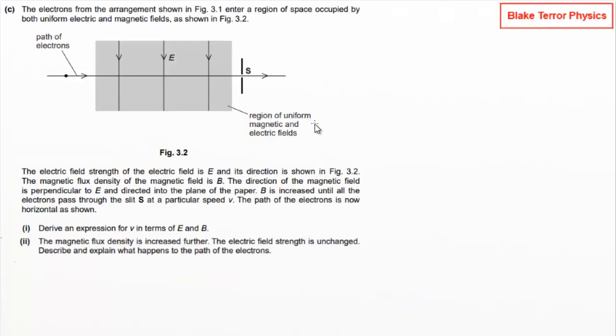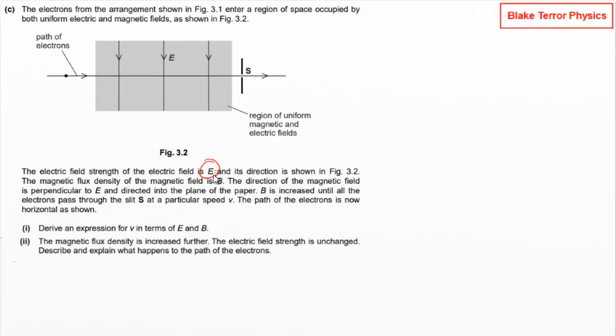Here we go. Right, electrons from the arrangement shown in figure 3.1 enter a region of space occupied by uniform electric and magnetic fields. Okay. Electric field strength is E, which is going down.